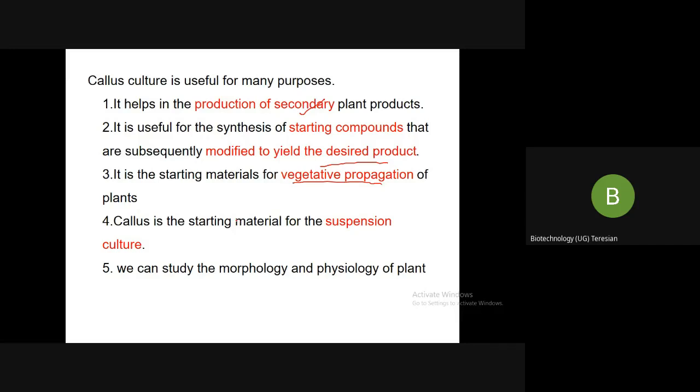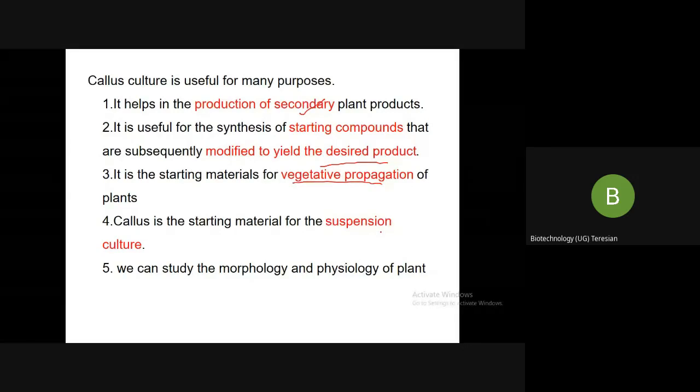But by using suspension culture, I can study the morphology. I can study the biochemical changes. I can study the metabolic pathway, how the cellular metabolites are occurring in my plant. I can study all this by using suspension culture. So by using callus, I can start off with the suspension culture.